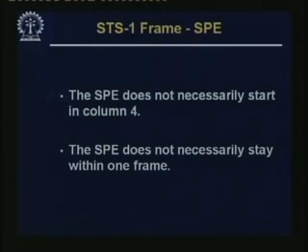The point is that there can be mismatches of rate etc. If everything in the world were absolutely synchronous, all activities and all equipment, then you could have started from the beginning. But that is not the case, and this is where we absorb this kind of variation, and this gives a great flexibility to SONET which was not there earlier. The other interesting thing is that the SPE does not necessarily stay within one frame, which means that the SPE may start in one frame and then end in another.